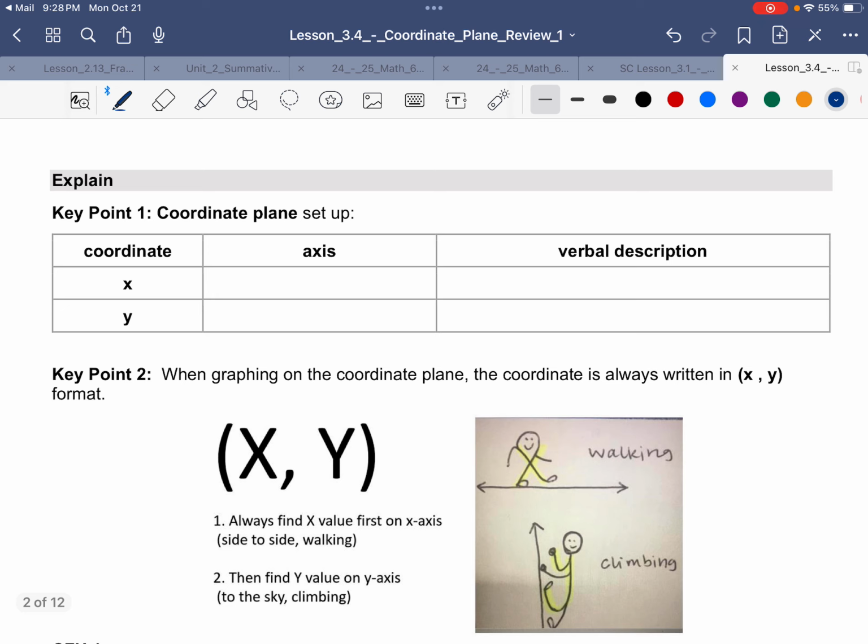So key point number 1, the coordinate plane setup. So here you have the x and the y. What I like to say is our x is our horizontal.